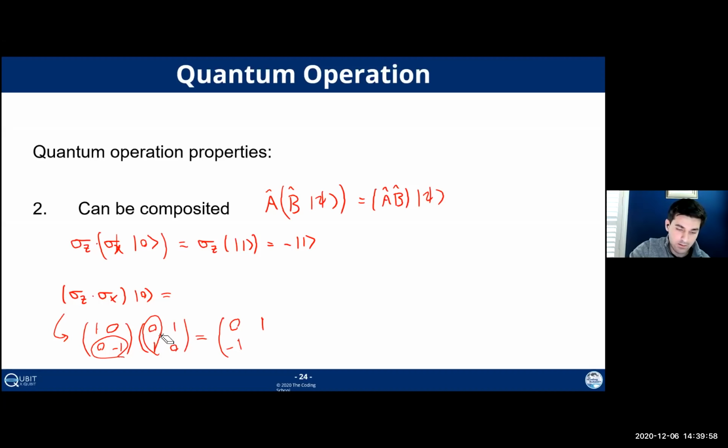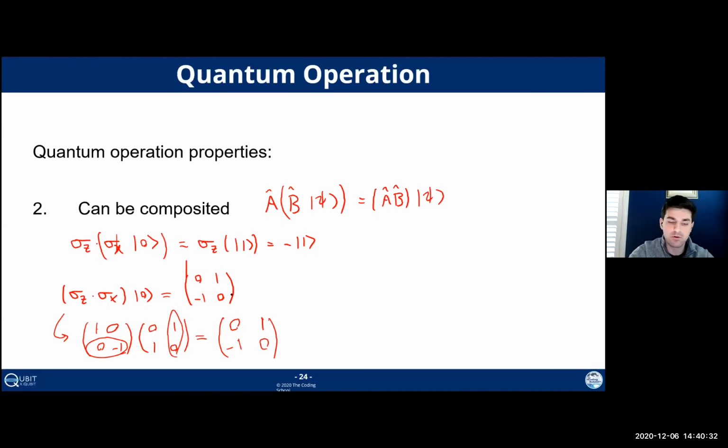And finally, the bottom right entry is going to be the bottom entry here times the right entry of the second matrix. I have 1 times 0, and then 0 times negative 1, so I get a 0 here. So if I apply sigma z by sigma x, I get this matrix. Now I'm just going to copy paste the matrix right up here. So I have 0, 1, negative 1, 0.